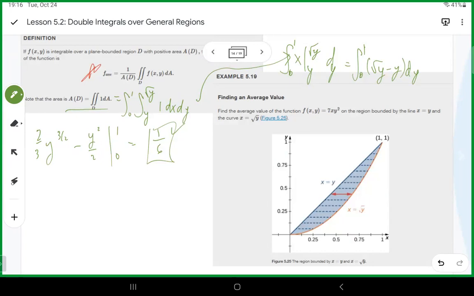So we would do 1 over A of D. We just found A of D. So that would be 1 over 1/6, which is just going to end up being 6, times the integral 0 to 1 of 7/2, because you're integrating that now. 7/2 x squared y squared from y to square root of y.